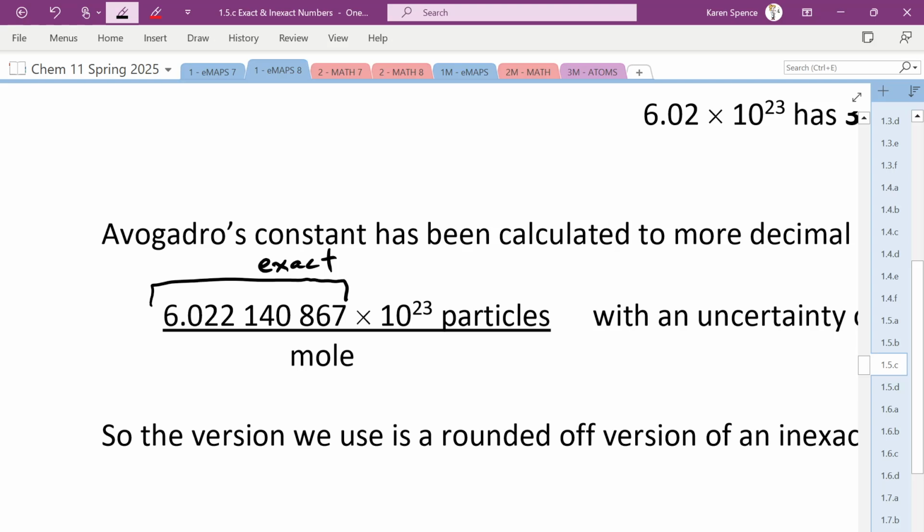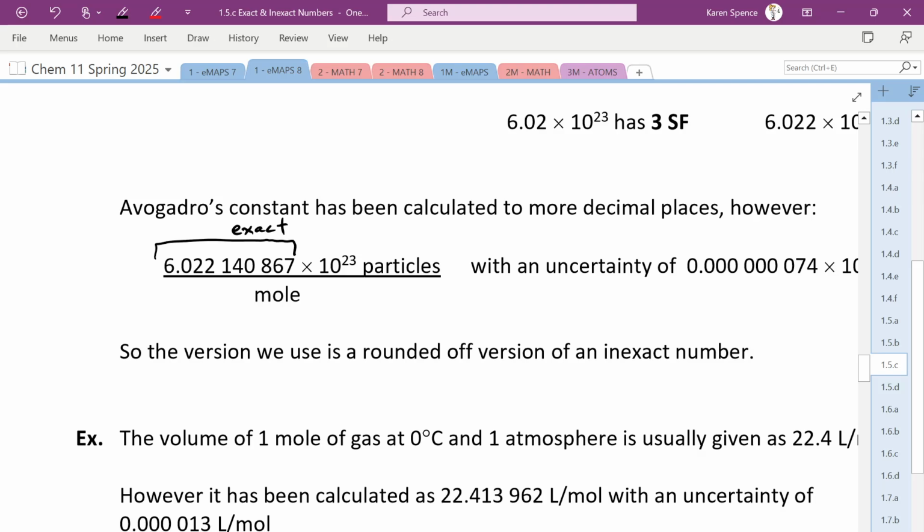Are you ever going to use that number? No, because it is so big and awkward that who's going to ever remember that? It's like remembering pi to 10 digits. Some people like to do it just for fun, but we're never going to have 6.02 be exact because we're not going to remember that many digits.